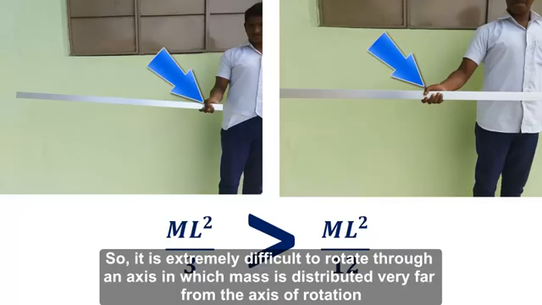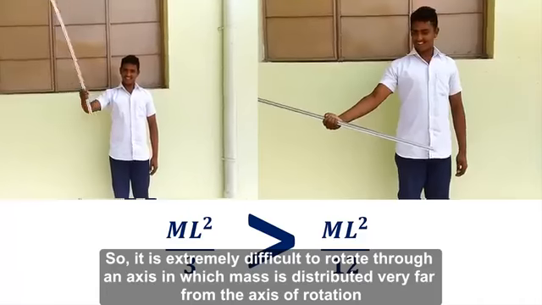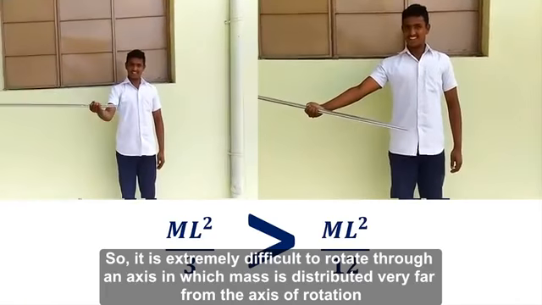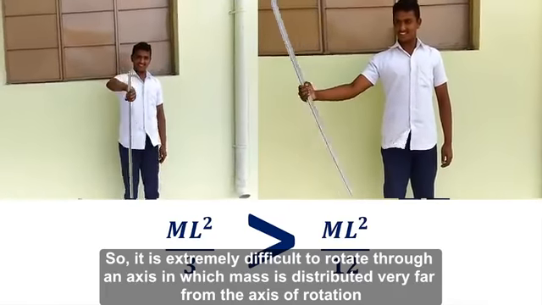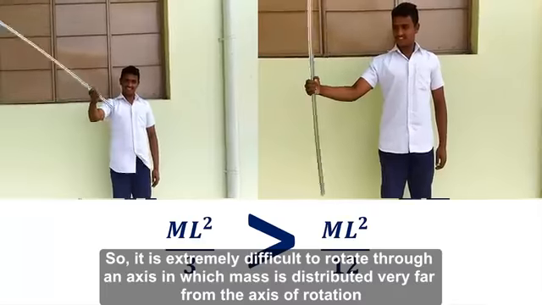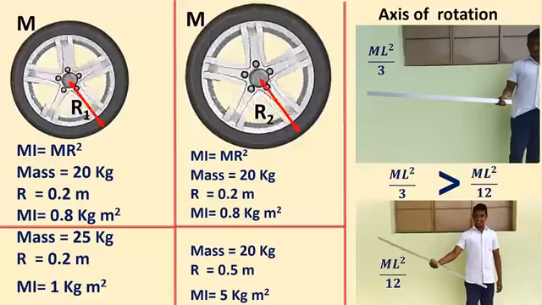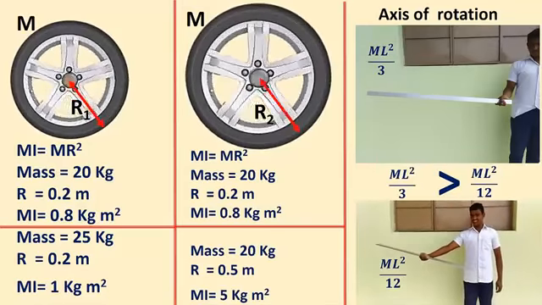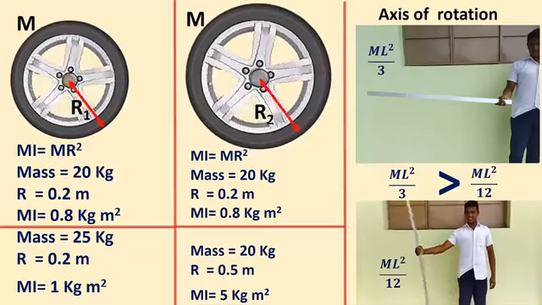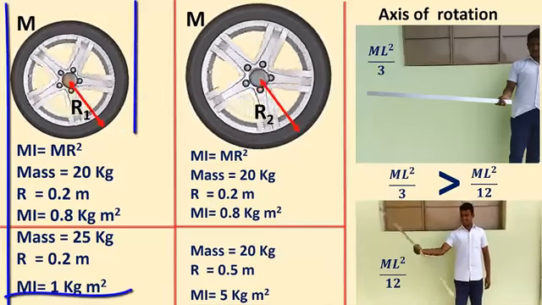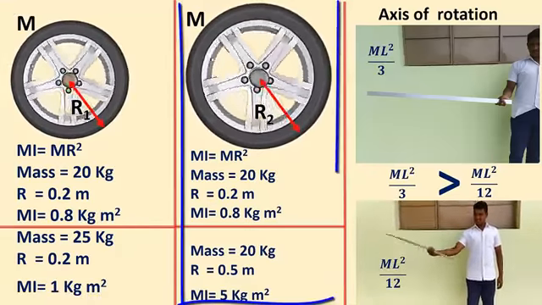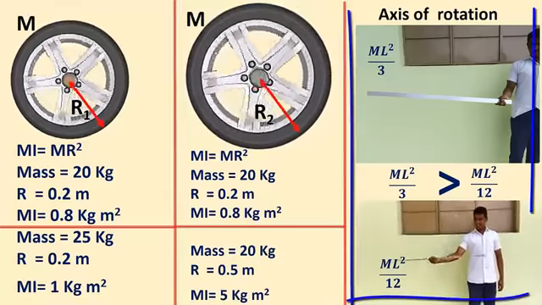So, it is extremely difficult to rotate about an axis in which mass is distributed very far from the axis of rotation. Comparing these three examples, we can come to a conclusion that moment of inertia depends on the mass of the object, the radius of the object, and the axis of rotation.